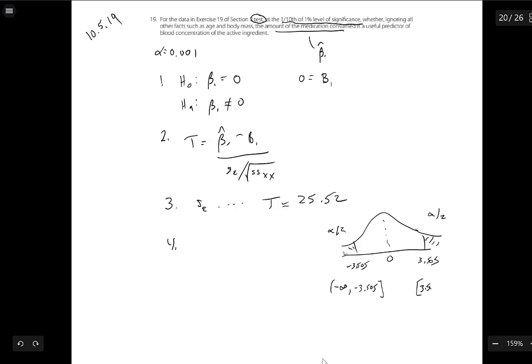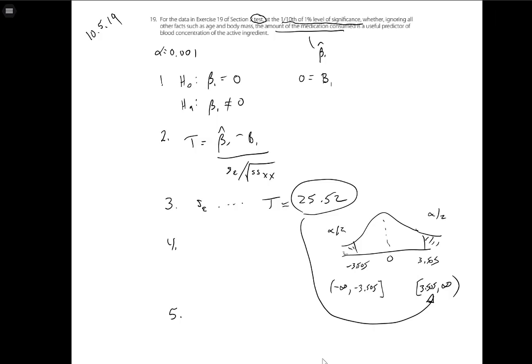And if we look at how we fit here, the t is definitely way out there in the rejection region. So we can reject the null hypothesis that the B1 does not have a prediction, so the B1 is not useful for predicting the value of the active ingredient.